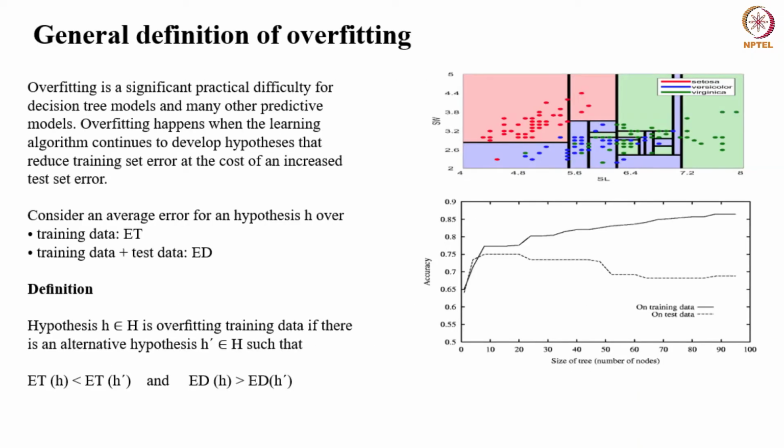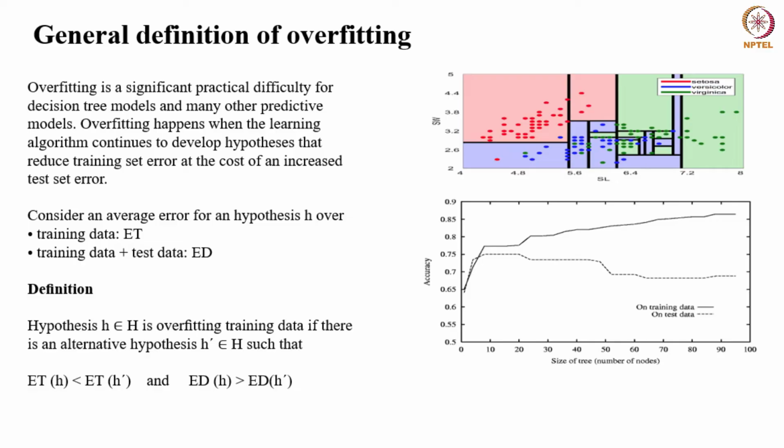Now we turn to the problem of overfitting. One serious problem for decision trees is the risk of overfitting. It's a significant practical difficulty, for decision trees and many other predictive models. Overfitting happens when the learning algorithm continues to develop hypotheses that reduce training set error at the cost of an increased test set error.